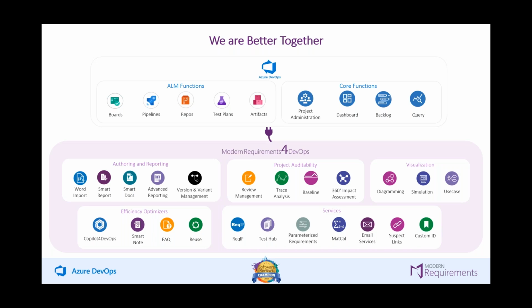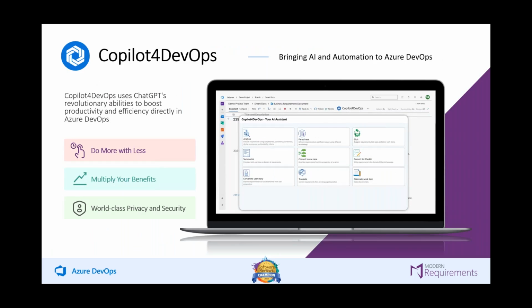Lastly, some of the other services that we provide. Copilot4DevOps will revolutionize the requirements management space with 9 new capabilities. These capabilities will save you time, provide you better accuracy and quality, and most of all, make it fun.